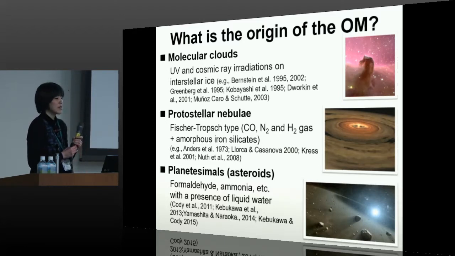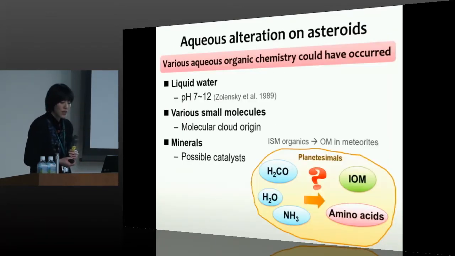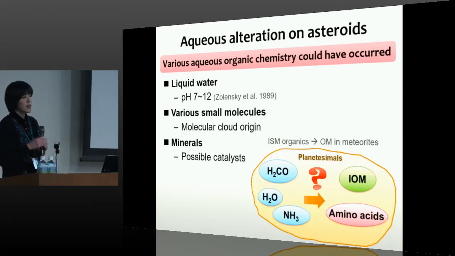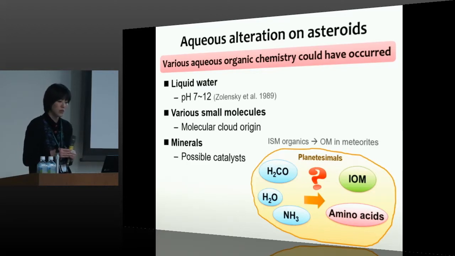So I think each process contributes to make a very diverse suite of organic matter in meteorites. But now we are focusing on the process in planetesimals. Especially in the aqueous alteration process, it's good for chemical reactions because the existence of liquid water is very good for organic chemical reactions.